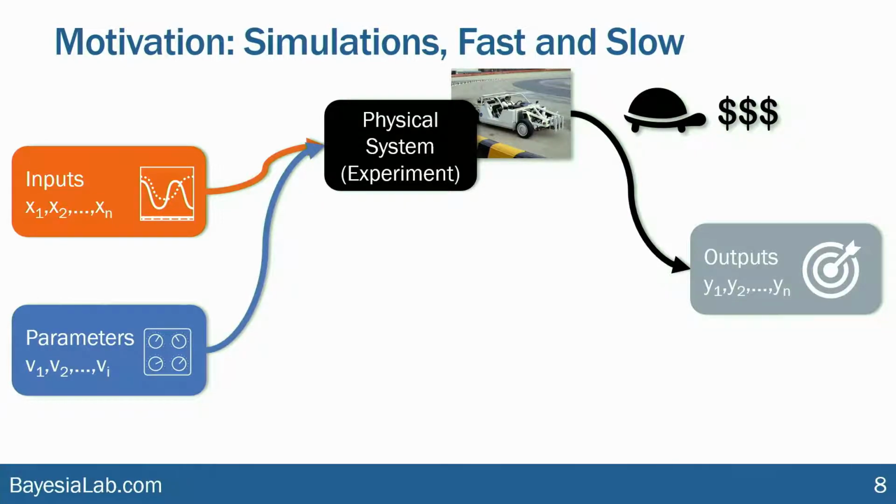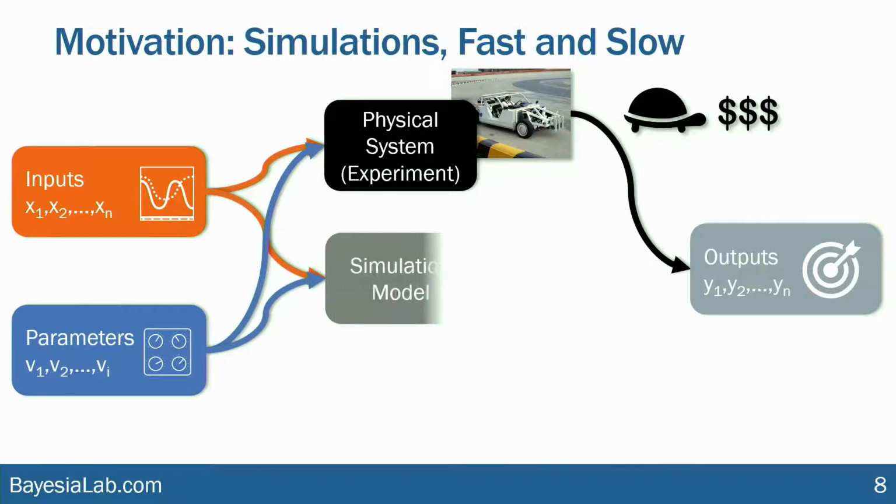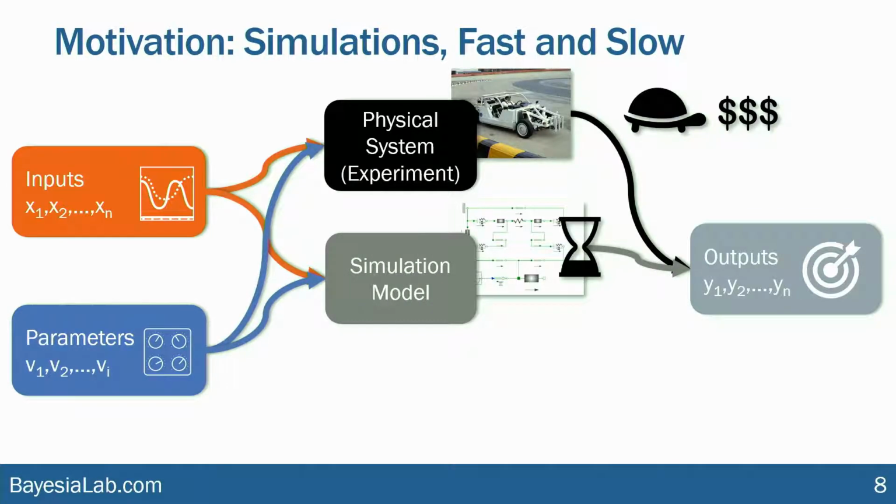Now, with advancing computing power, however, such systems can now be simulated. Still, given the number of possible parameters and different parameter values, this can still be quite a slow process. It can be very time-consuming, requiring a lot of computing resources.